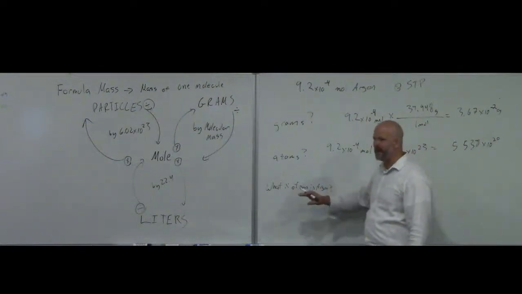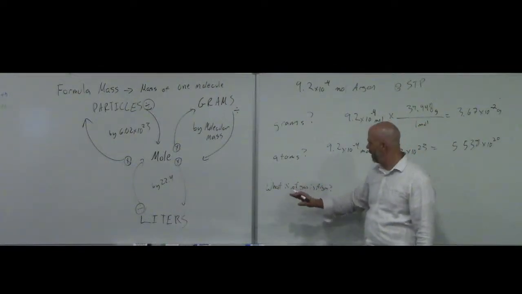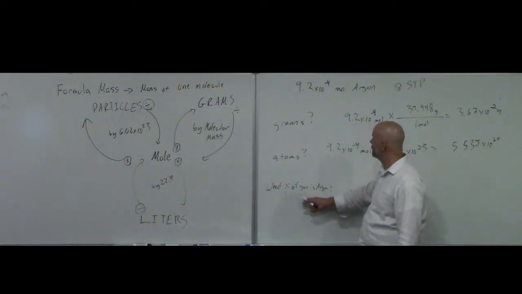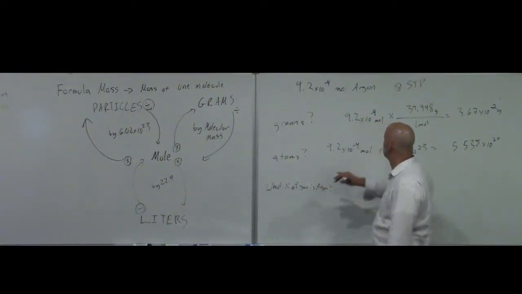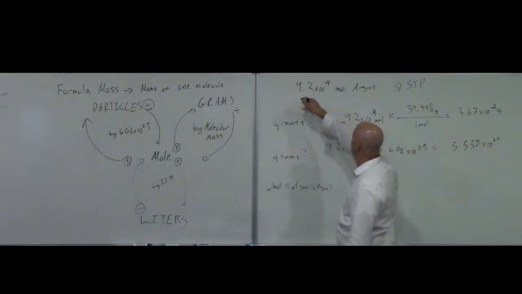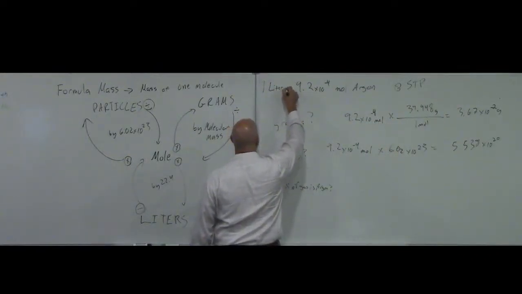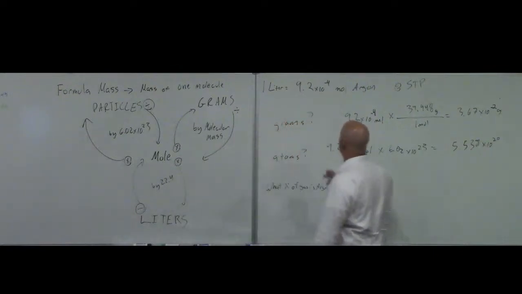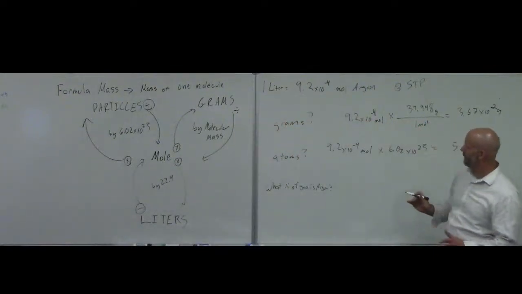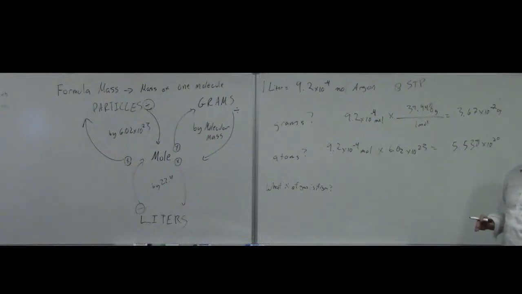Now, this last one is a bit trickier. What percentage of the gas is argon? So we had 1 liter that had 9.2 times 10 to the negative 4th moles of argon. I want to know what percentage of that liter is argon.